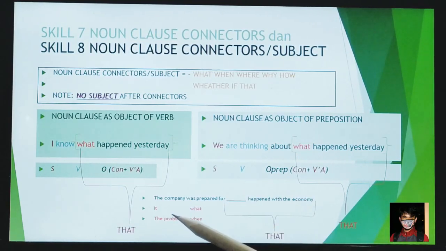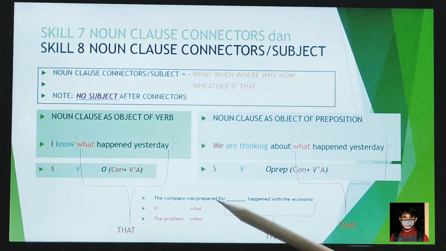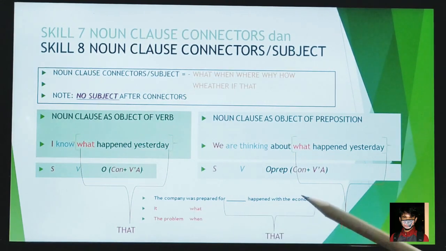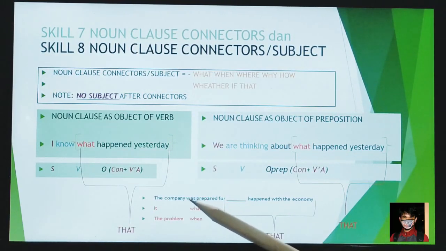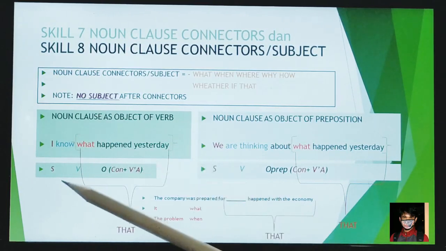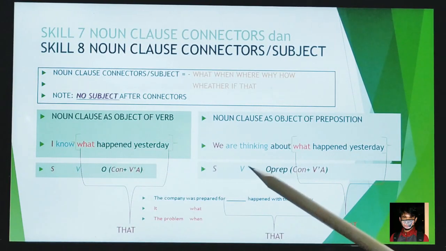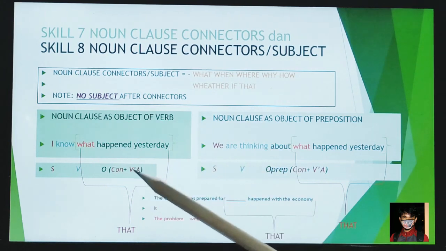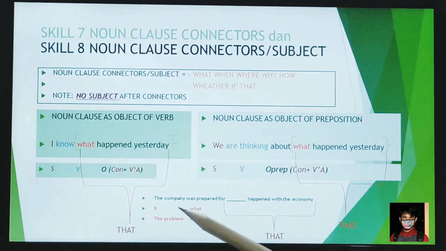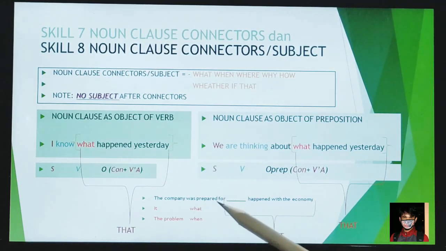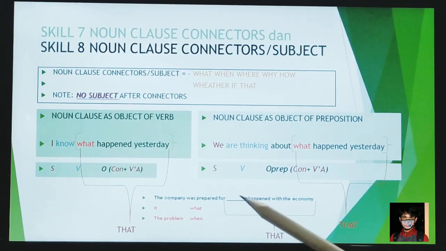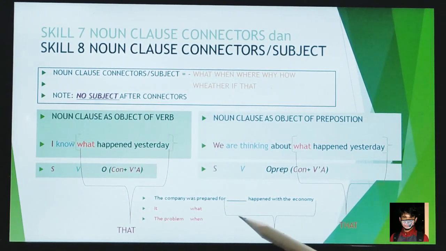What about the third example? The company was prepared for what happened with the economy. You have to identify which one is the main verb, as I have just mentioned before. This is the main verb, and this is the dependent verb. So the main verb is was prepared. The company as a subject, was prepared as a verb, and this one as object of preposition.